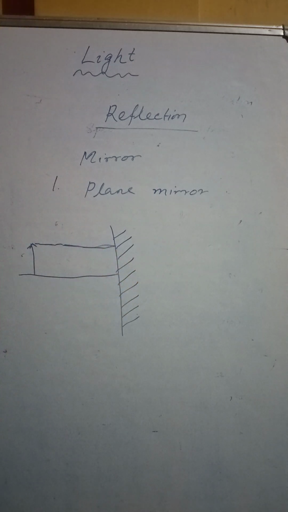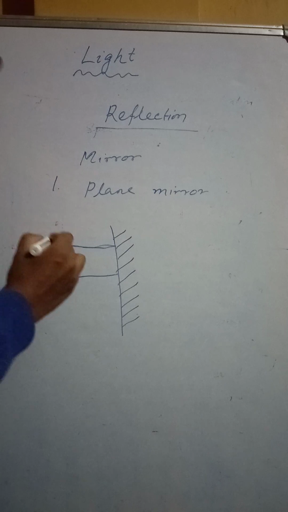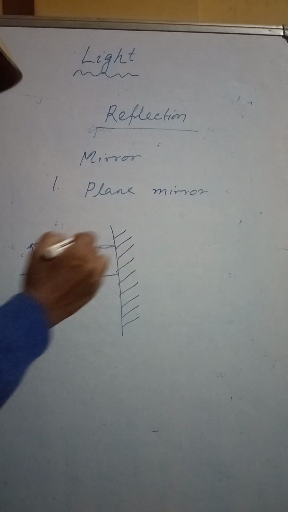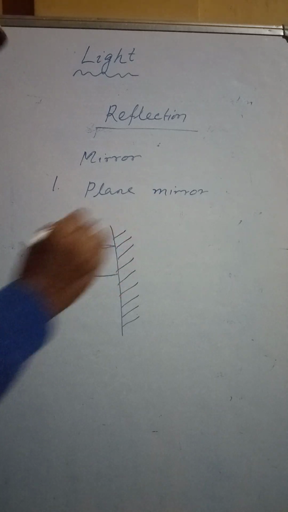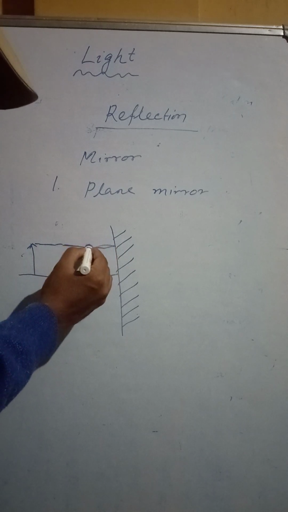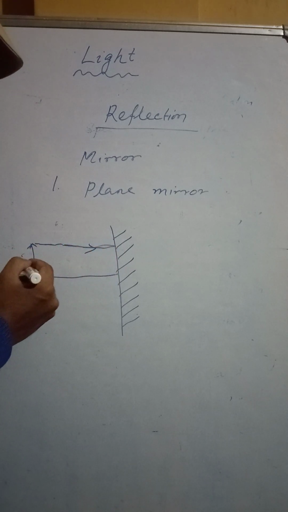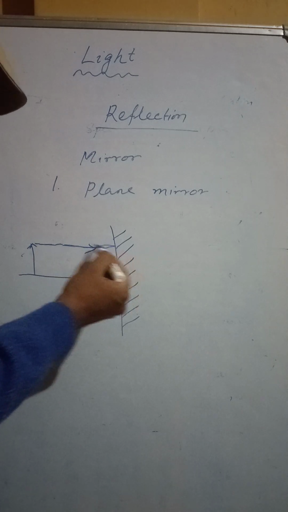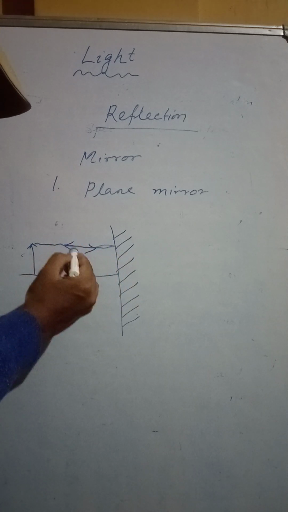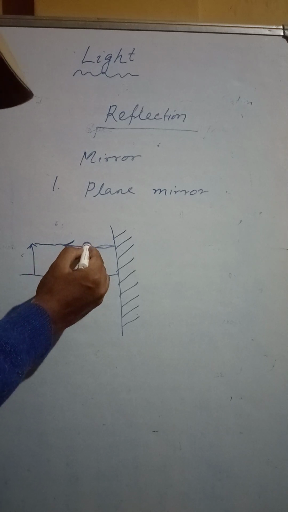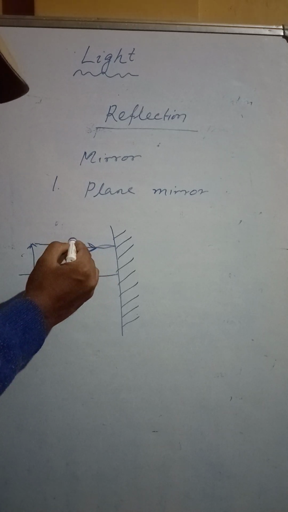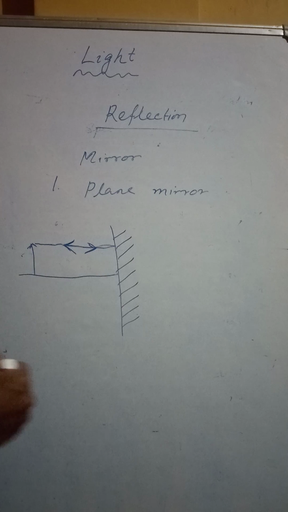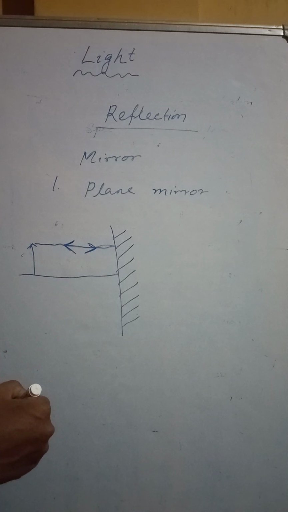Here the angle of incidence is 0 because it is falling directly along the normal direction. This is the incident ray, and the reflected ray will be in the opposite direction. This is the direction of the reflected ray.